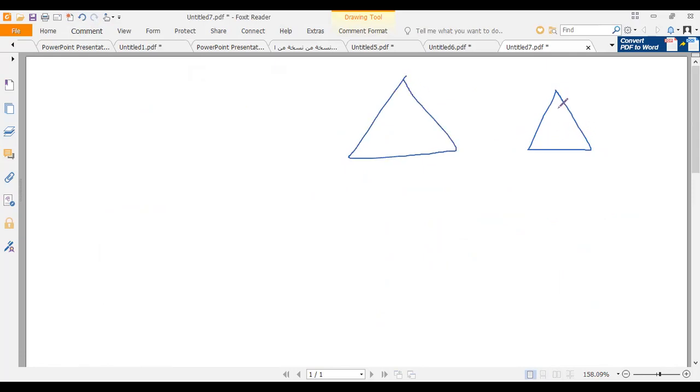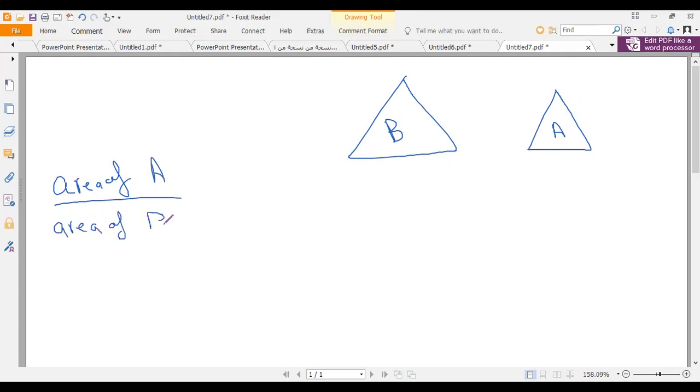Let us compare the area of triangle A to the area of triangle B. So we'll find the area of triangle A over area of triangle B. I write triangle this way. So how will I find it?